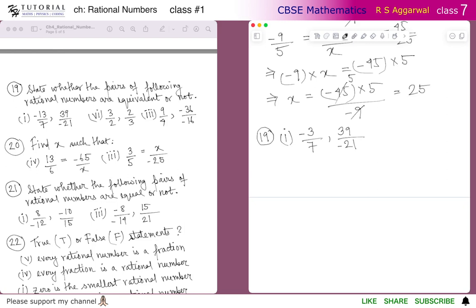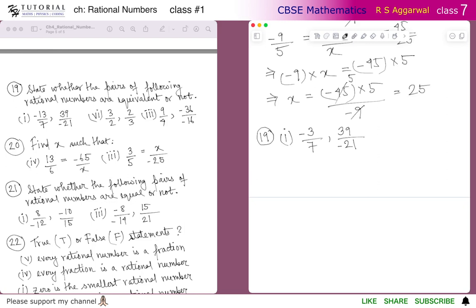When we say that two rational numbers are equivalent, it means one rational number can be created from the other by multiplying or dividing both the numerator and the denominator with the same non-zero integer. Now clearly we can see that in the second rational number the numerator is 39, and in the first rational number the numerator is minus 3.